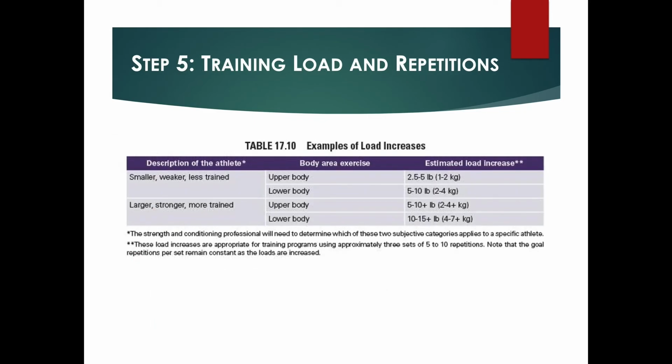So you can see here's the table right here. For your smaller, weaker, less trained athletes, for the upper body, 2.5 to 5 pound increases, lower bodies 5 to 10. For your larger, stronger, more trained muscles, you can go upper bodies 5 to 10, lower bodies 10 to 15.